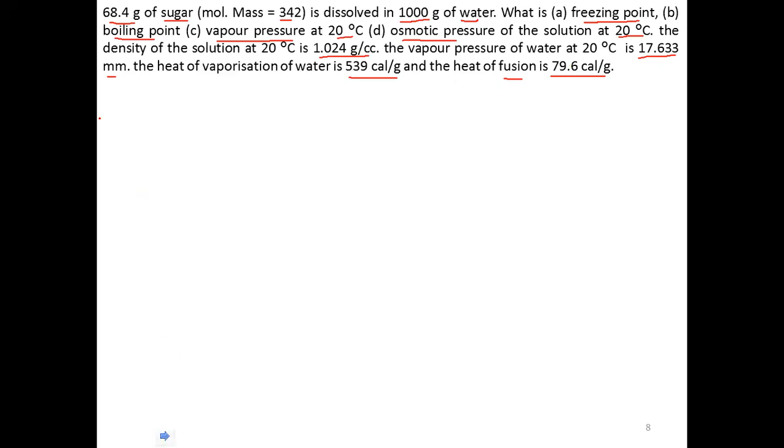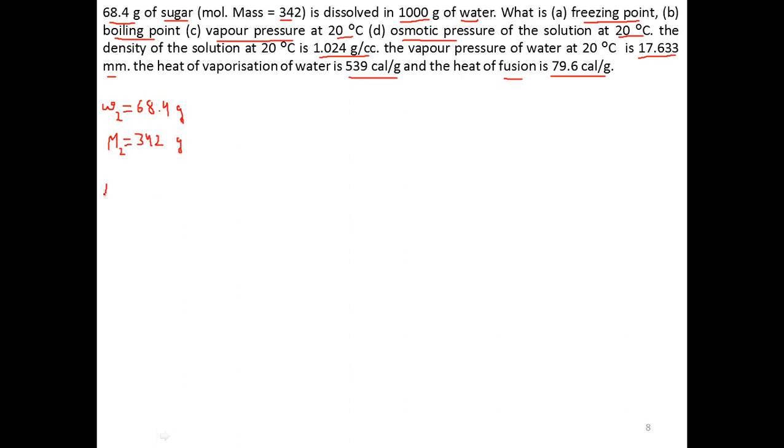So first let us see what is given to us. We are given with the weight of solute W2, which is sugar. It is 68.4. We are given with its molecular mass. M2 is 342 grams. Units are grams.